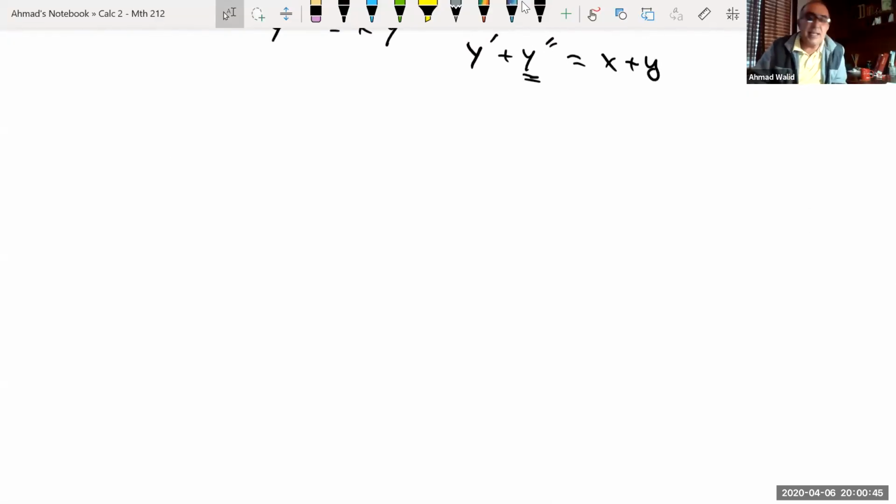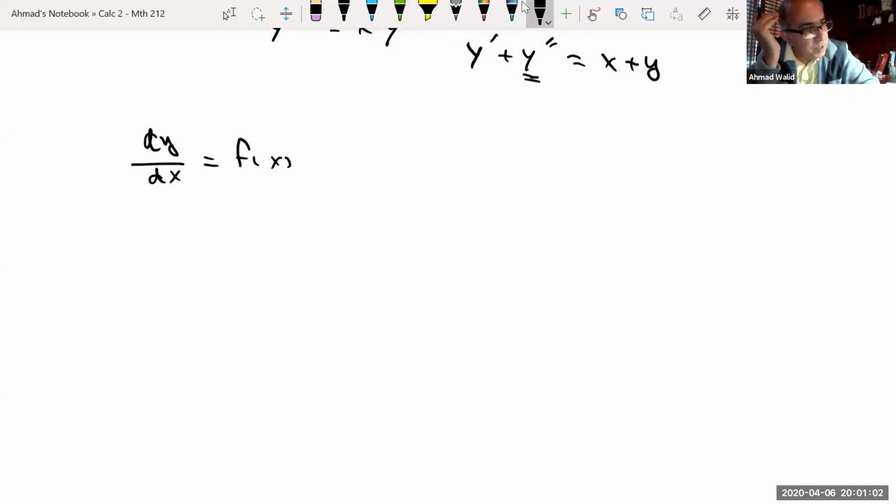Okay, now look at this example. Some of them are really easy to deal with. For example, if I have dy over dx equals f of x, I call this one a differential equation. Remember one thing that I forgot to tell you at the beginning of the lecture. In your book, we are just touching on differential equations.